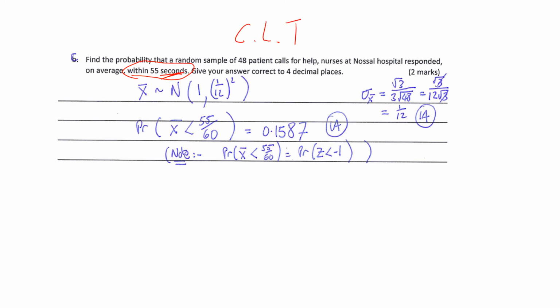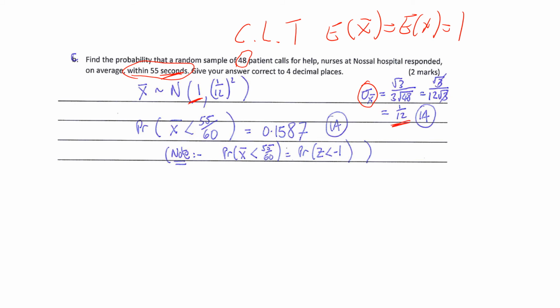Despite the fact that x was not normally distributed, if we take a large enough sample size, which 48 clearly is, the sampling distribution x bar will be approximately normal. The mean of that normal distribution will be equal to the mean of x, that's equal to 1 that we've calculated before, and the standard deviation of x bar is equal to the standard deviation of x, which is root 3 on 3, divided by the square root of the sample size, which turns out to be 1/12.